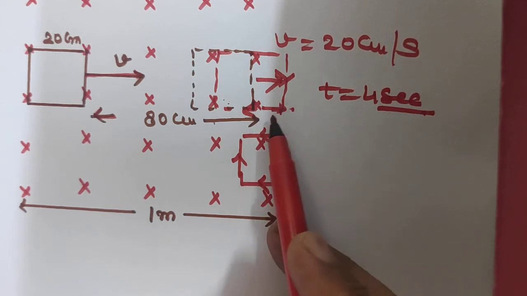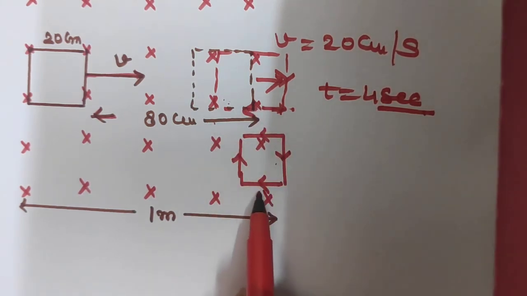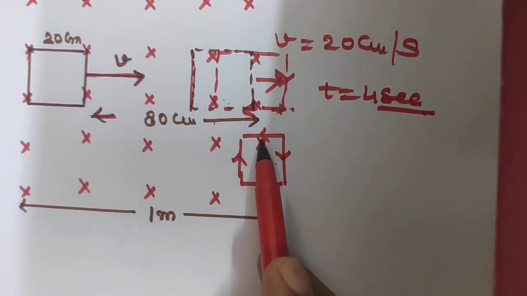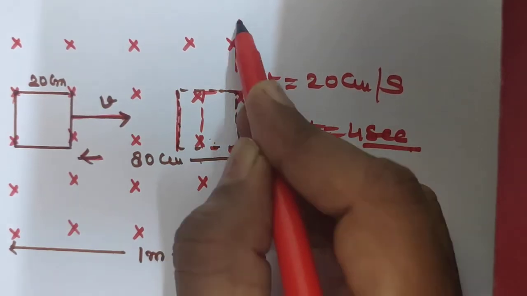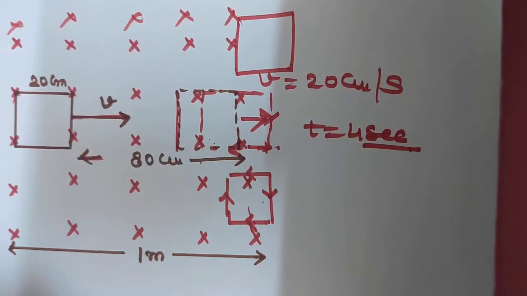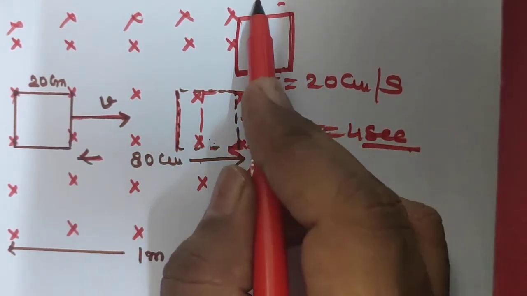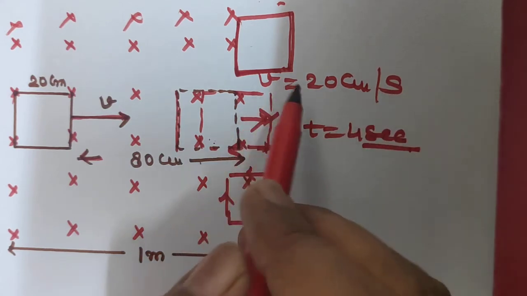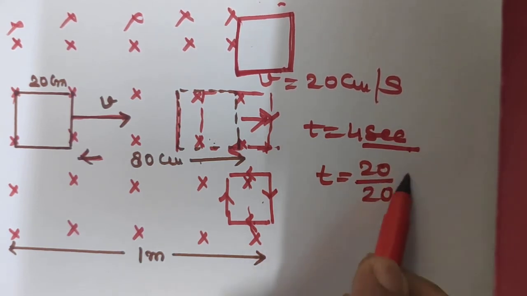Now for how long does the induced current persist? When the 20 centimeter side comes out, the loop reaches this position. The time taken from this to this is 20 centimeter distance covered at a speed of 20 centimeter per second, so time taken is distance upon speed, that is 1 second.